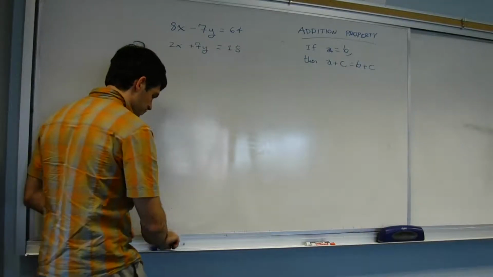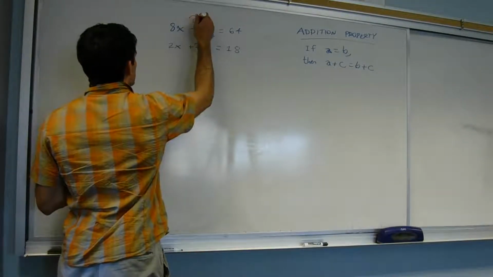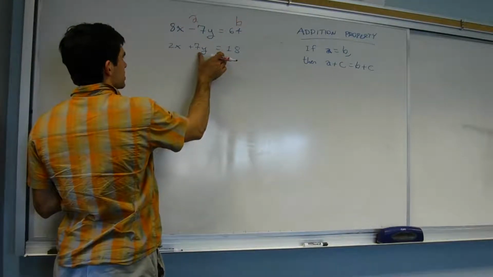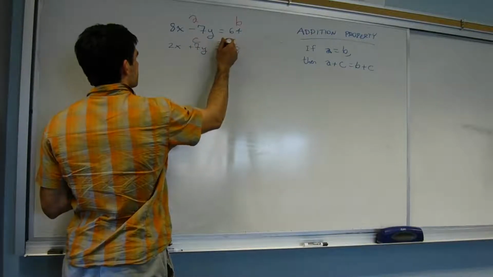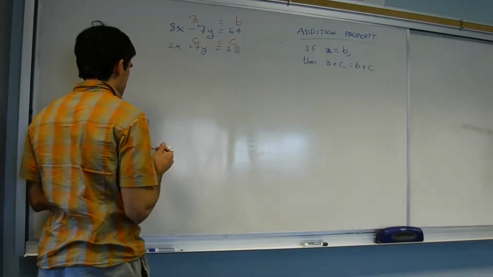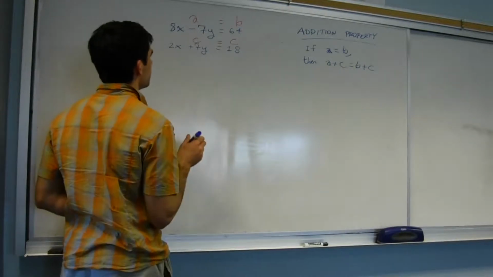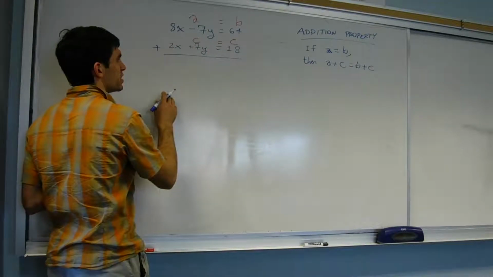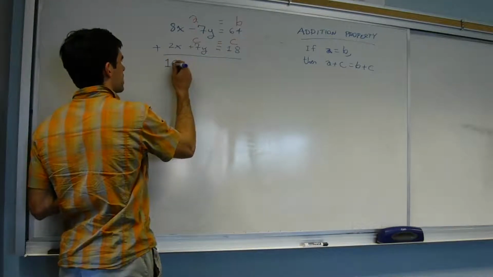So let's go through that again. We're essentially calling this A and this B. And then since these are equivalent, we can call both of them C. And then, if we apply this property, we can add these two equations, and we get 8x plus 2x is equal to 10x.